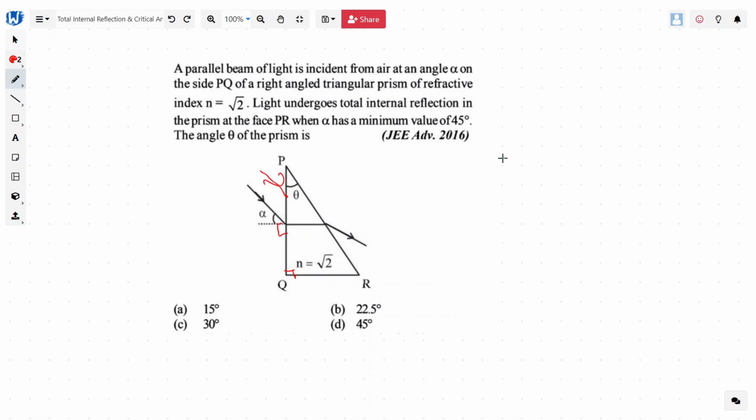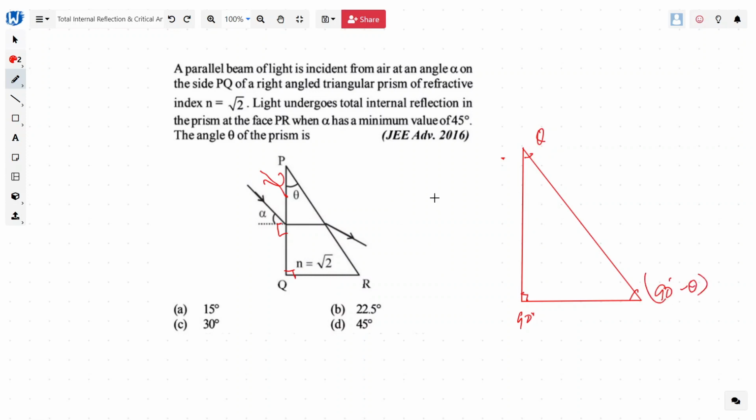Okay, so let's try and redraw this so that we can work on it. So this is our prism, and what we know is this is 90, this is theta, this must be 90 minus theta.